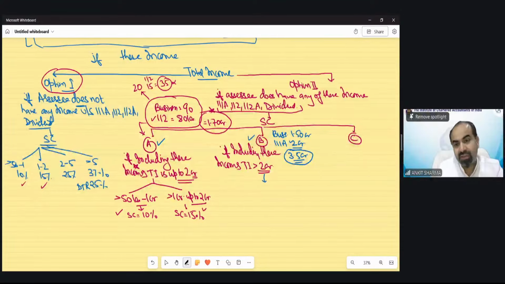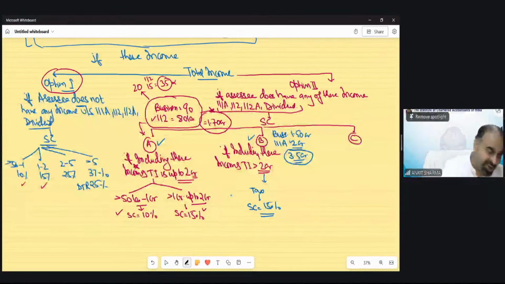And it says, whatever would be the tax on your income, like we have to calculate tax upon 3.5 crore, on that tax the surcharge rate is fixed. Very simple case, only 15%. Understood? That surcharge rate would be 15% in all cases.